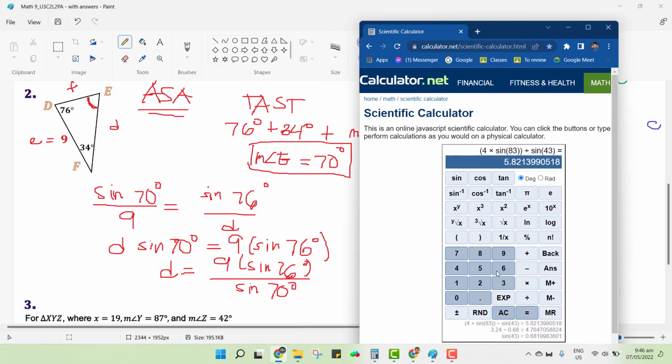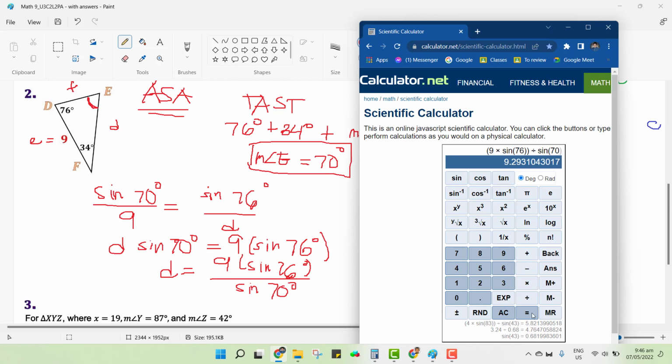So you have here AC to remove everything. You will have parentheses for the numerator 9 times sine 76 degrees, close, divided by sine 70 degrees.